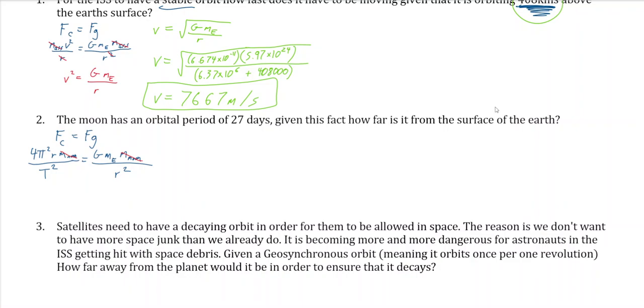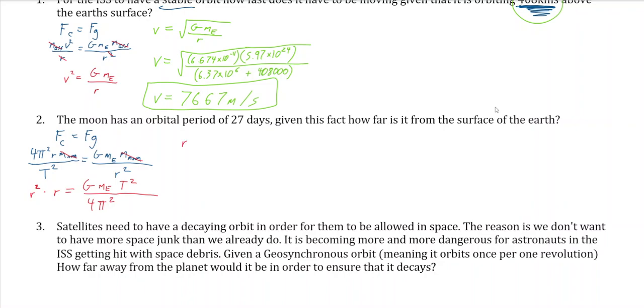Okay, but not much else does. And so we're looking for the radius. So we're going to move everything else over. So we're going to divide by 4 pi squared over T squared, and we're going to multiply by R squared on both sides. So GME over, and T squared, over 4 pi squared, just like that.